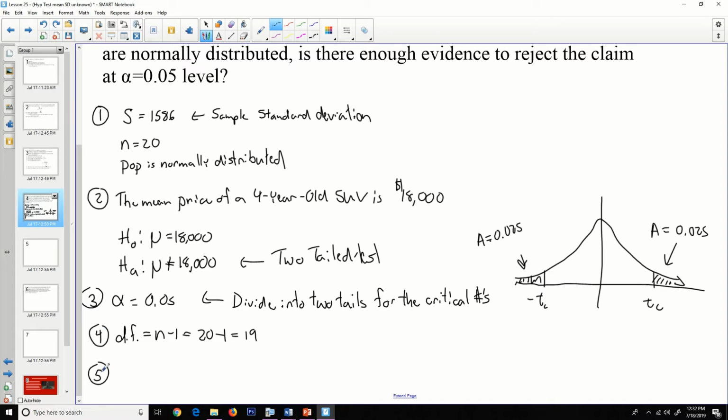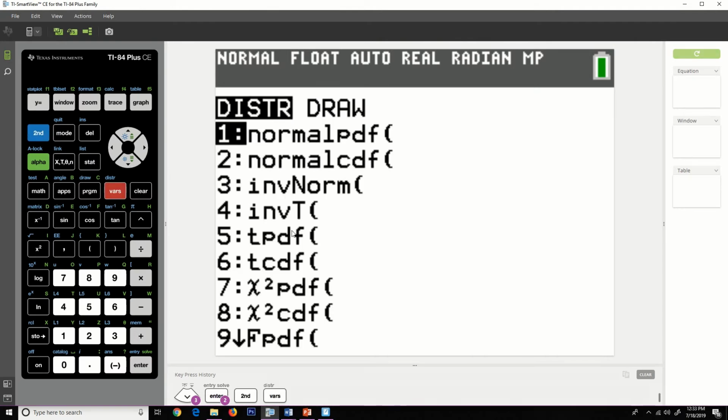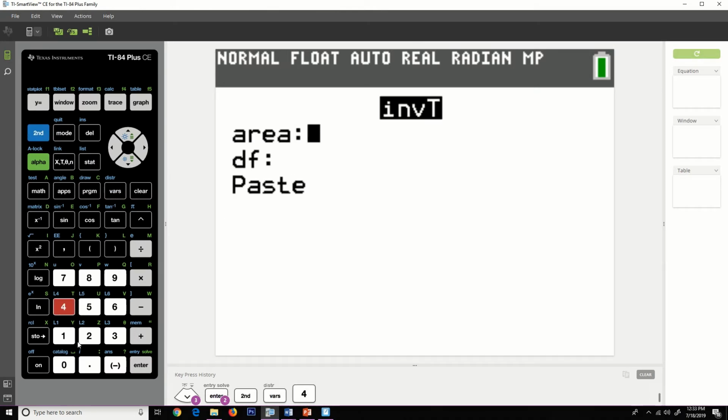Number 5, we want to determine our critical values. We want to figure out what these tc's are. And so we're going to use the inverse t value. If I grab my graphing calculator, second distribute, inverse t is right there. So I'm going to go inverse t, our area we want to be 0.025, and this is a cumulative area. And then we have a 19 for our degrees of freedom.